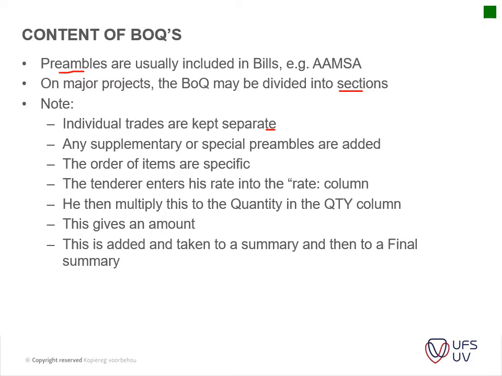And then any supplementary special preambles are added. So if you have anything special that you want to add, for instance, if you specify a Lambda board ceiling installation, you can add the Lambda board specifications on how to fix that Lambda board to your rafters, for instance, or to your battens, or if it's suspended ceilings, you can say it should be connected with this type of screws also.